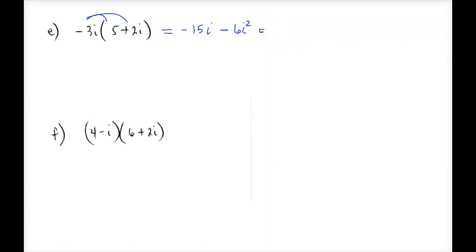And if you remember, i squared is just the square root of negative 1 times itself, so by definition that ends up being a negative 1. Forgot to put the i here, that should be 15i. And here a negative times a negative ends up being a positive. So our final number should be 6 plus 15i.